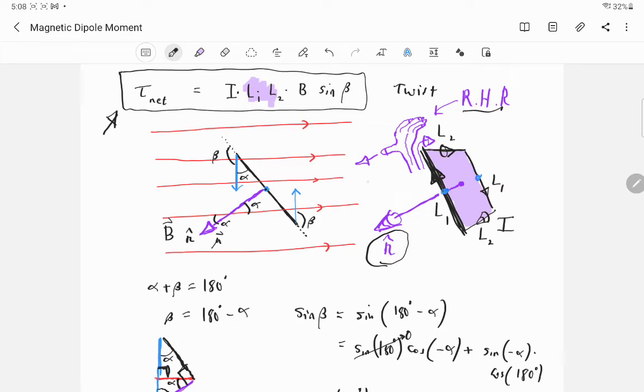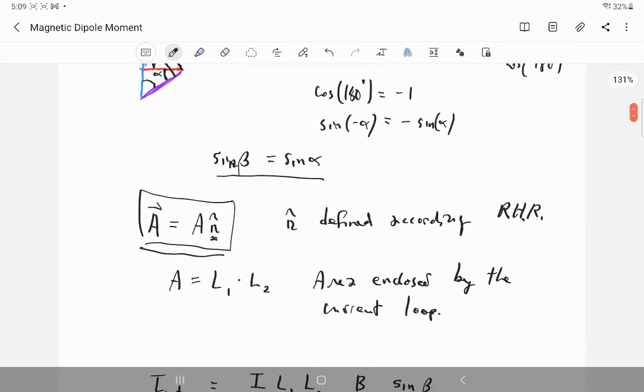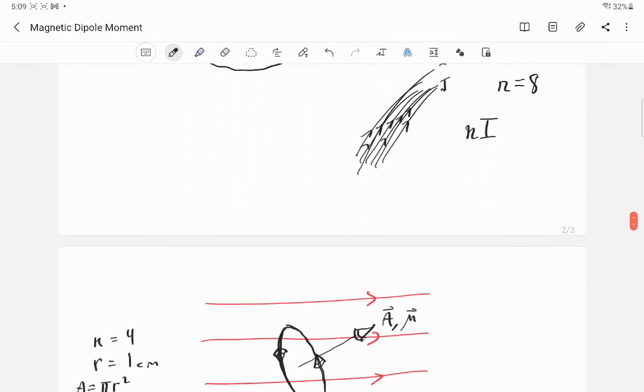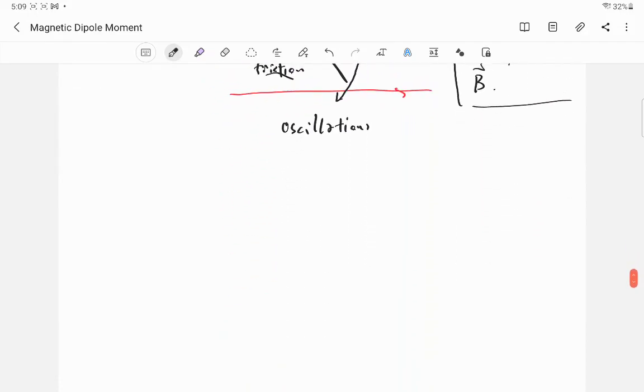And if there is no friction, or if there's not a lot of friction, it just keeps on going to some other angle on the other side, and then comes back, and then goes forward again, and back, forward, and slowly you lose the oscillation amplitude. You lose that oscillation energy to friction, to heating. All right. So this actually has somewhat of an energy component to talk about as well.